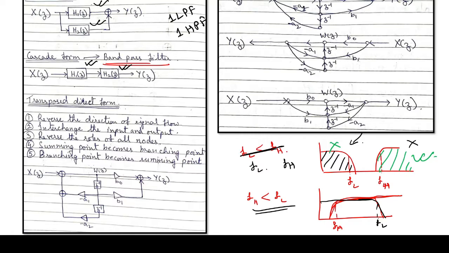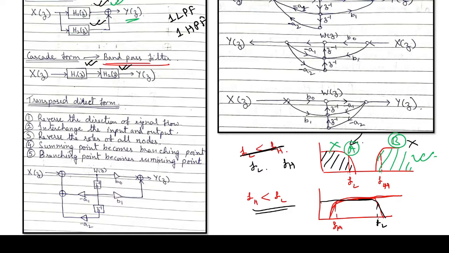Okay, but we want both of these regions, both A and B, both the low pass and high pass regions. So what we do is pass the same signal through both H1 and H2, and the outputs of these two filters are added up to get the final output. And this is what we have seen over here.